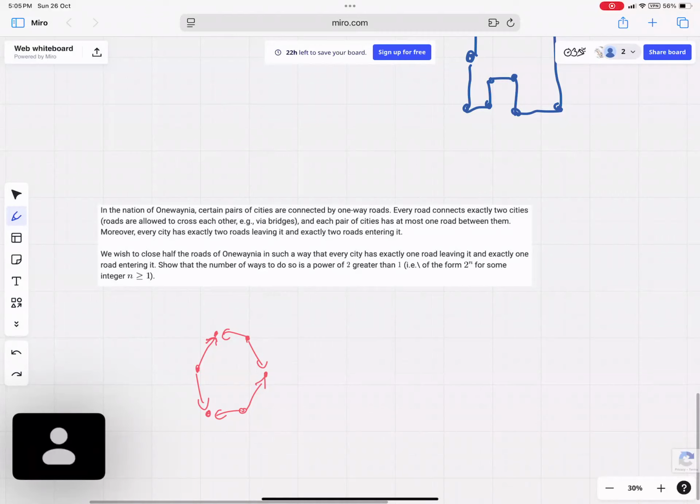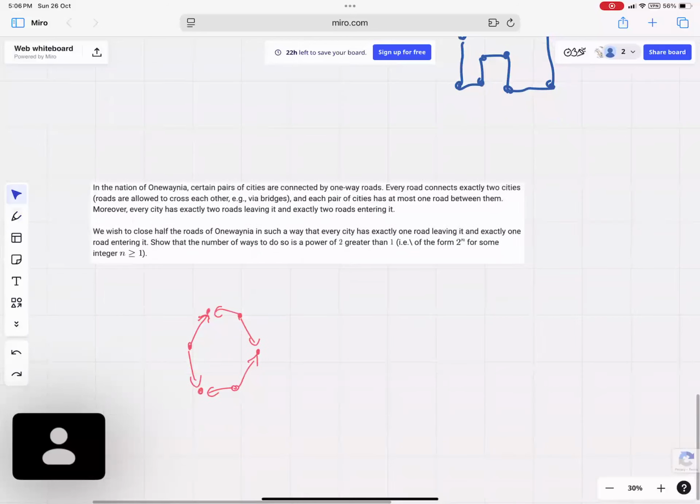Yeah, I'm not getting the idea. No, no. Let's say we first create a directed graph of the entire nation of Onevena. Then the graph we chose from Onevena in the way that is described in the problem, let's call that graph the chosen graph.